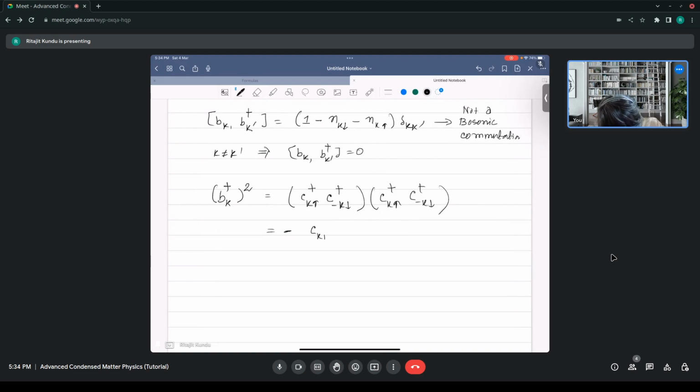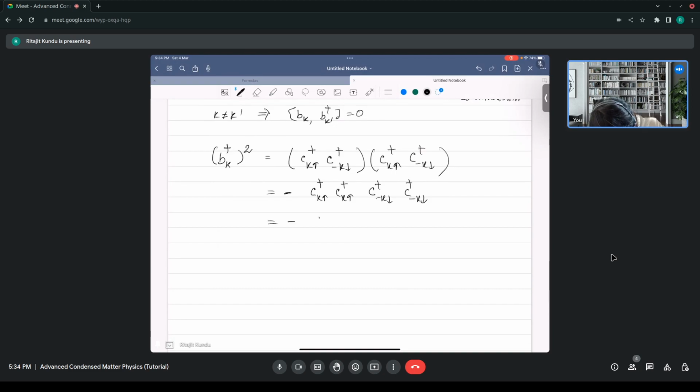So I am getting something like CK up dagger squared and C minus K down dagger squared. But for fermions, when you square a creation or annihilation operator, that is basically 0, right? That is again because of Pauli's exclusion. So B squared is actually 0. This will be helpful to find the ground state, okay?